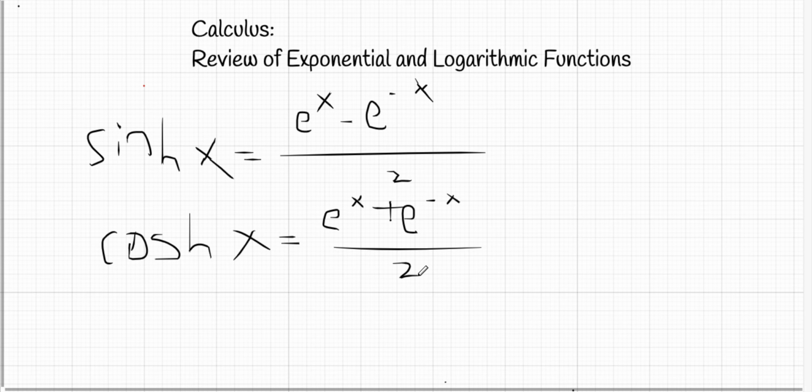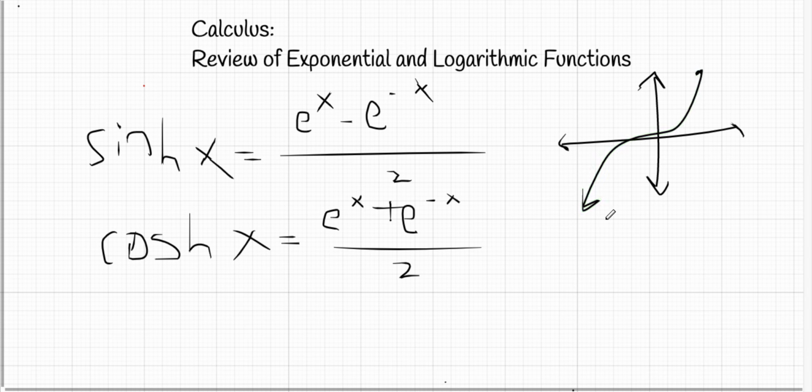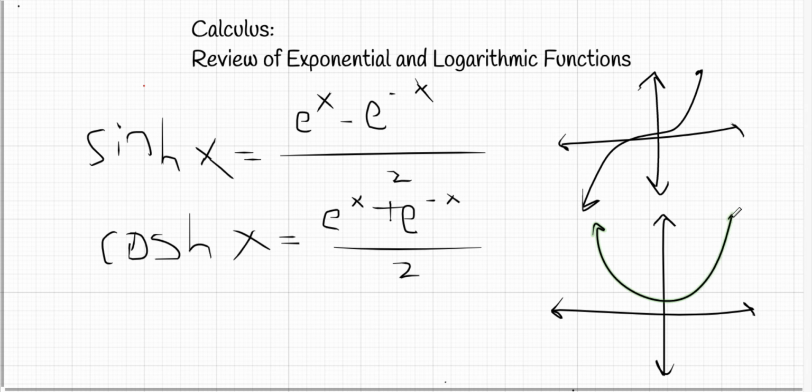It's a bit advanced, but the graphs of them look very different from each other, and different from the trigonometric functions as well. Sine hyperbolic of x looks a bit like this. Cosine hyperbolic of x looks like this. And that's basically what hyperbolic functions are.